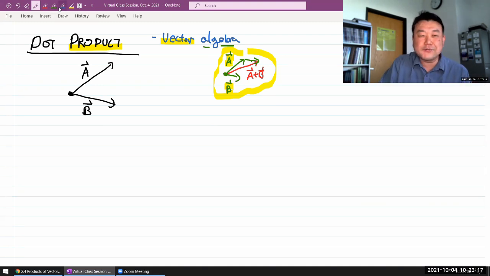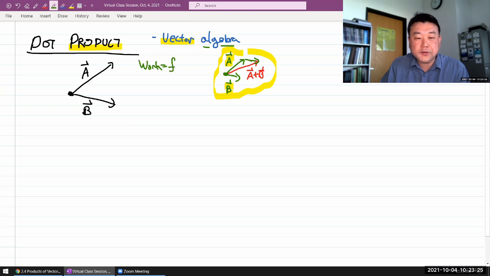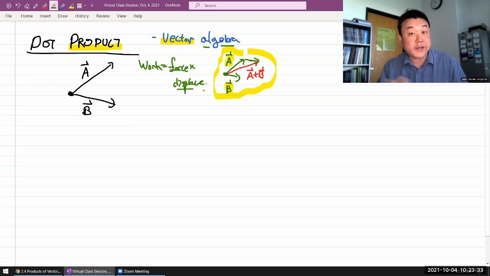The context that you will see as we go through chapter 7 this week is that we are going to be defining work as a product of force times displacement. And the thing is, force and displacement both are vectors.